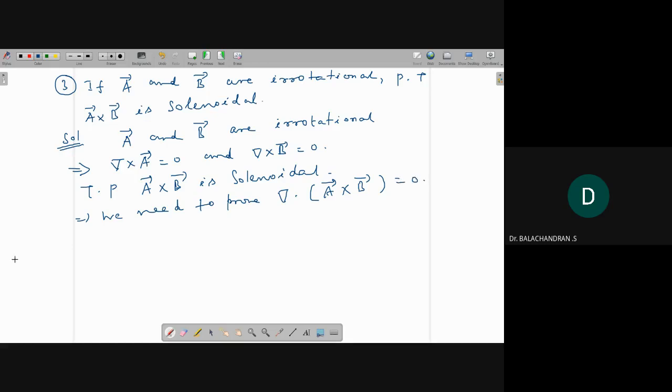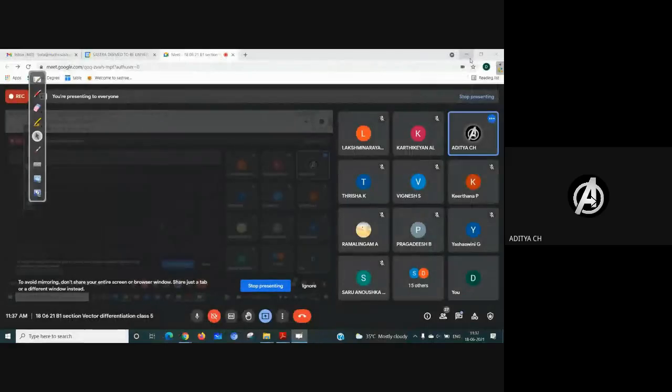Okay, so to prove this, I'm going to use some identity. Today morning I explained some of the identities. Now you should tell which identity is useful for this situation. Can anyone tell? Del dot U bar cross V bar.